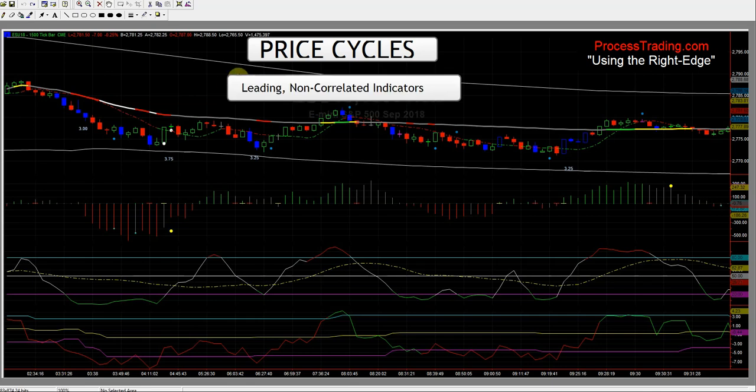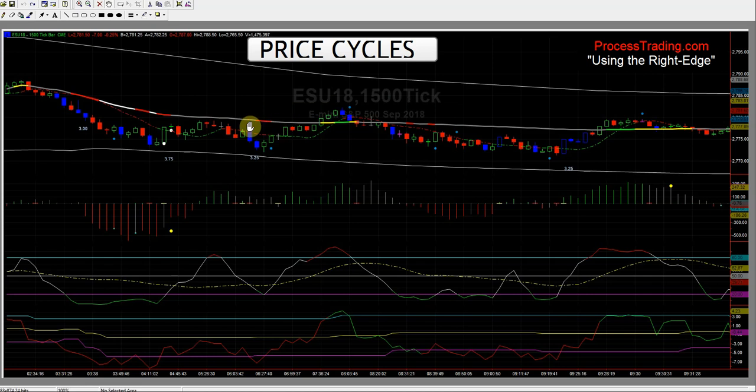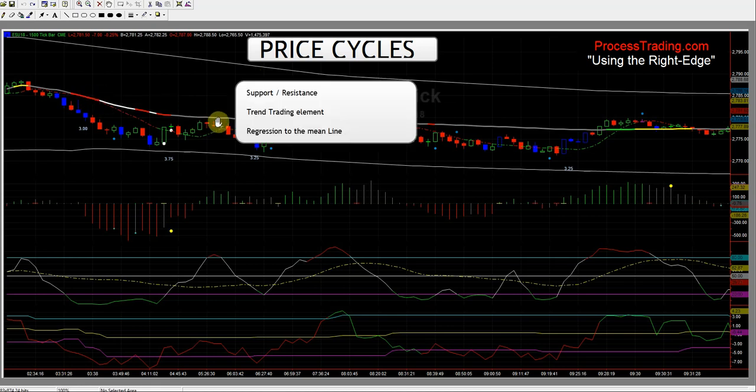And when we think of a cycle, a cycle can revolve around this line, which is the support and resistance line. It's also the VWAP line. It also is a trend trading mechanism, and it's also a regression to the mean line. So this line serves many purposes right here in the Process Trading Right Edge system.